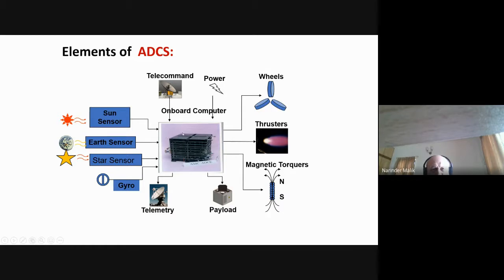It processes the information from these sensors according to control law or control algorithms and gives the torque signal either to the wheels or thrusters or controls the current in the magnetic torquers. It also has an interface with the telemetry system for health monitoring parameters, and also has an interface with the payload.